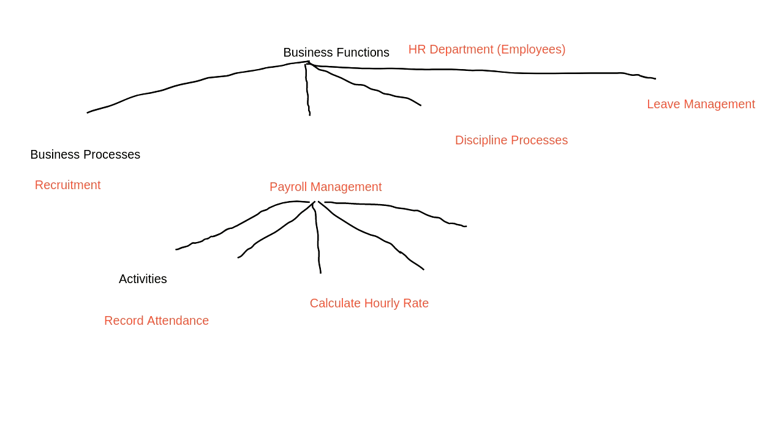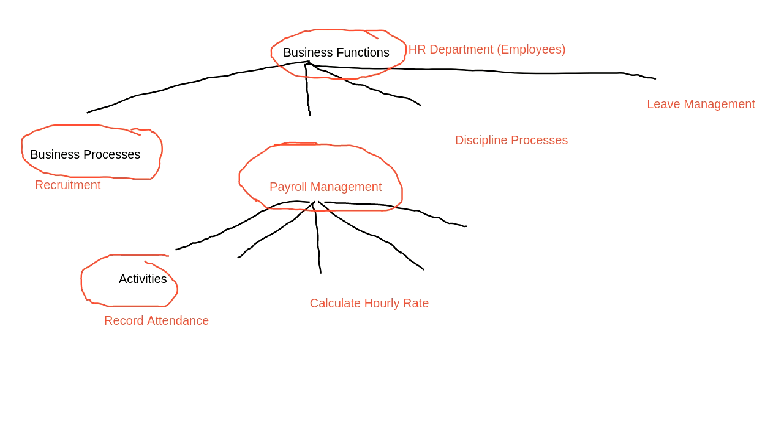So now you can understand business functions contain many different types of business processes, and business processes contain a number of business activities. I hope this is clear.